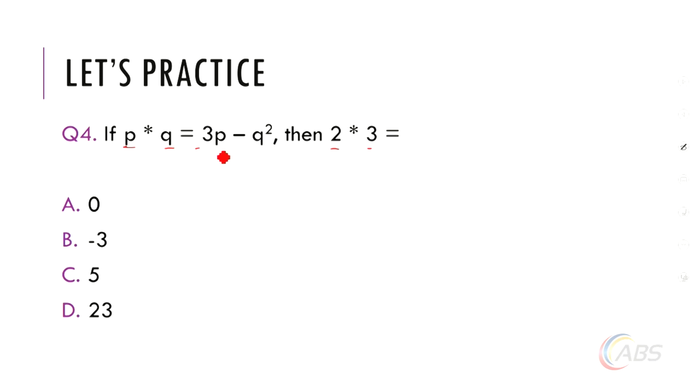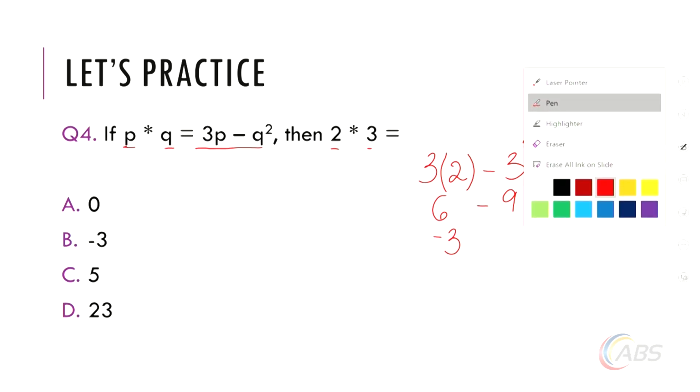So using this part of the equation, that is 3, P is 2, minus Q is 3. 3 times 2 is 6, minus 3 times 3 is 9. 6 minus 9 is going to give us negative 3.